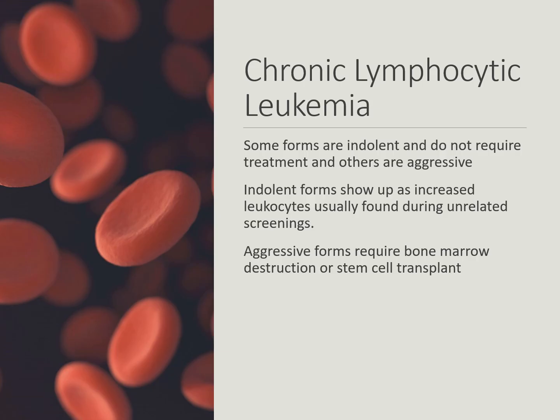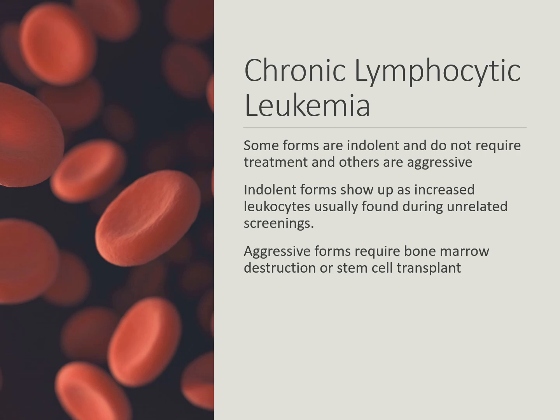Sometimes we come upon this because we're testing for something else and we just happen to find this as a secondary finding. Many people with these forms of indolent CLL survive for many years, often without any sort of therapy, and they often succumb to some other unrelated disease before the CLL would lead to any sort of mortality.